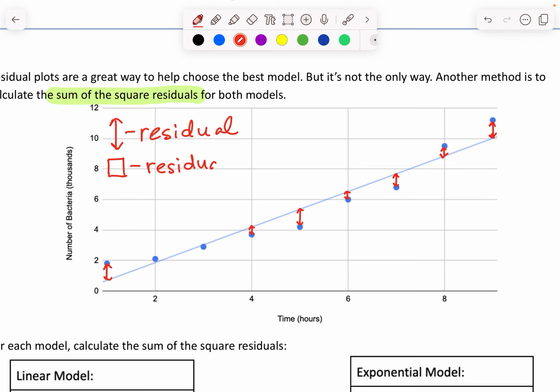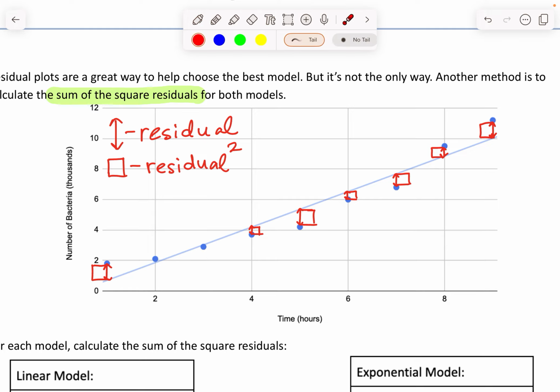So we take all of those individual residuals and we square them so that we can visualize all these squares like this. And hopefully this is coming back to you a little bit, because you've seen these squares before with all that animal data.